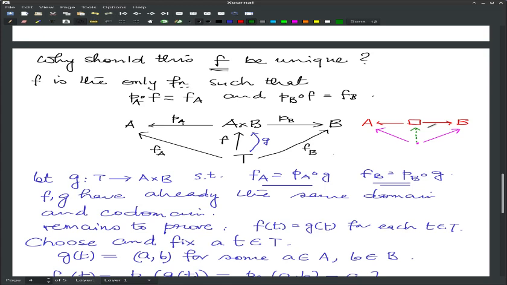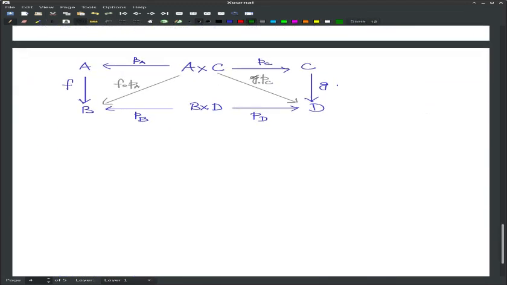Coming back, look at this. You have B cross D, that special thing given. These two are the projection maps. From A cross C, you have two maps coming into B and D. There exists only one way to complete this diagram.